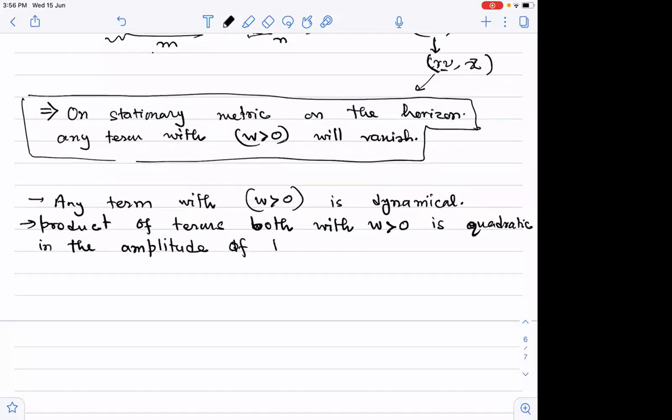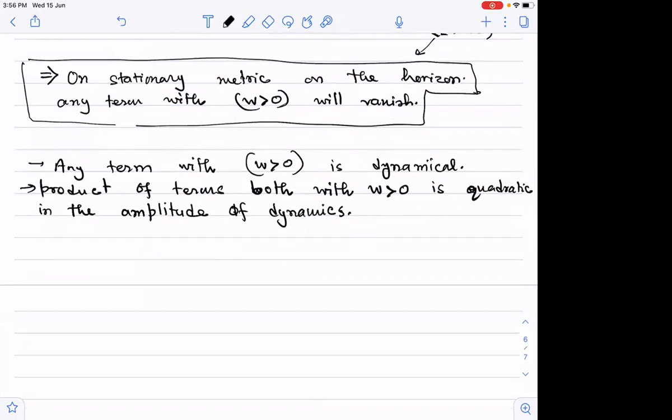This quantification of the departure from stationarity is what is used to prove the first law and second law.